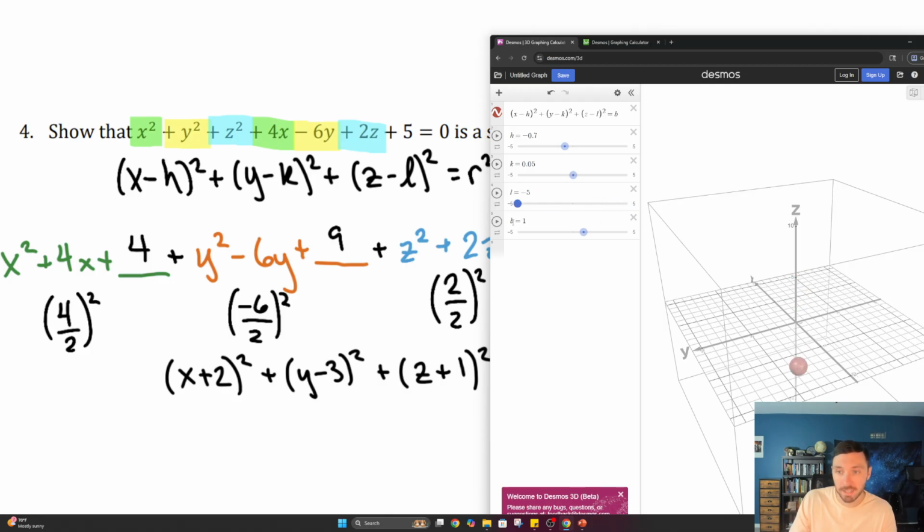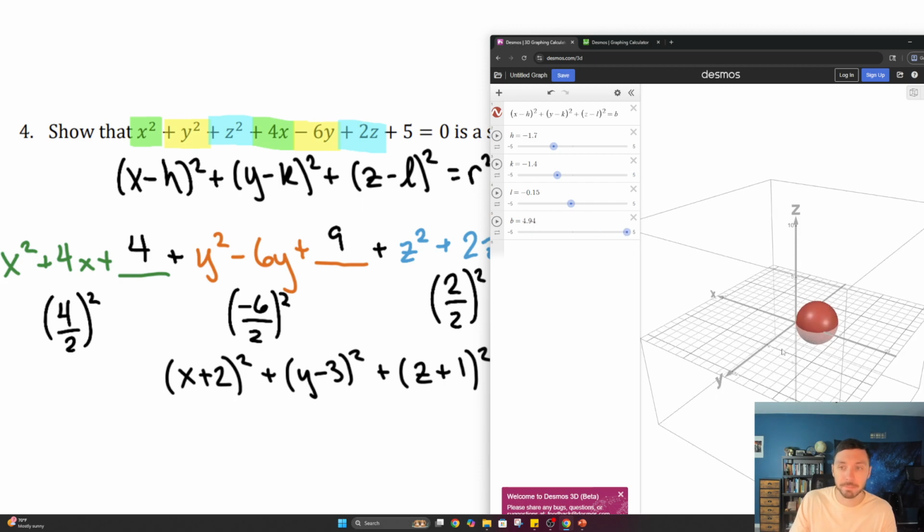I like this language a little more: this would be perpendicular to the xy plane, this would be perpendicular to the xz plane, and this would be perpendicular to the yz plane. There it is, a better way of wording it. And then b just represents your radius.